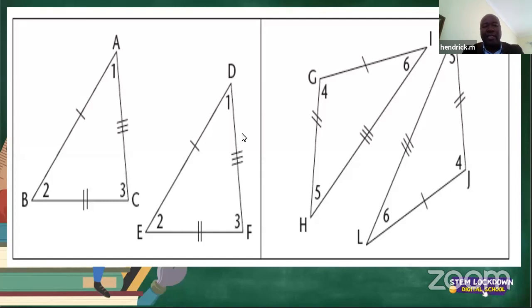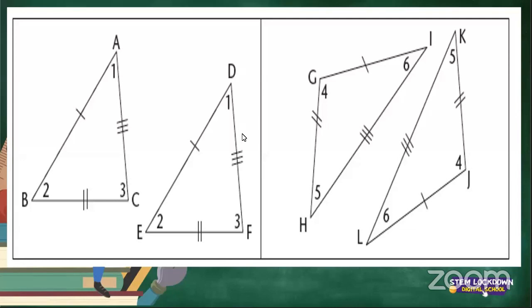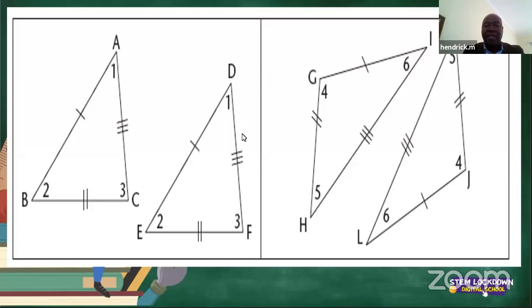If you look at these two triangles, you can see that you are given sides as well as angles. If you look at the side AB, it has got one line there, equivalent to DE. This tells us that the side AB in the first triangle is equal to DE. You can see that because of one line.